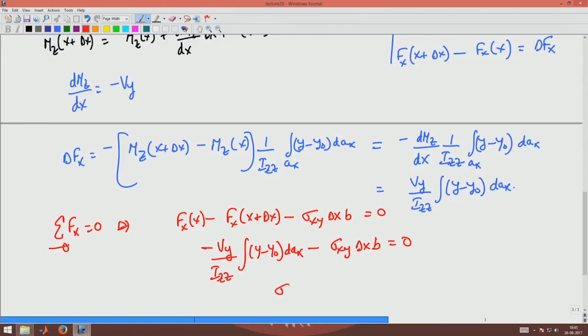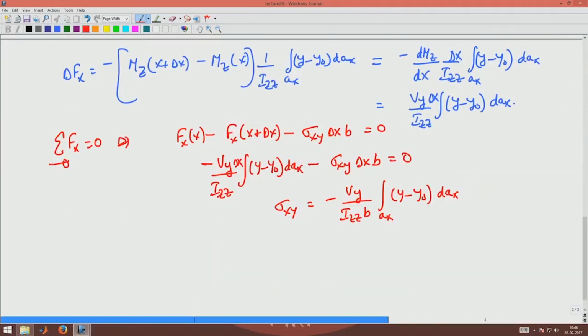From here I get sigma xy to be minus Vy by Izz into b, with delta x cancelling on both sides, into integral y minus y naught dA x.